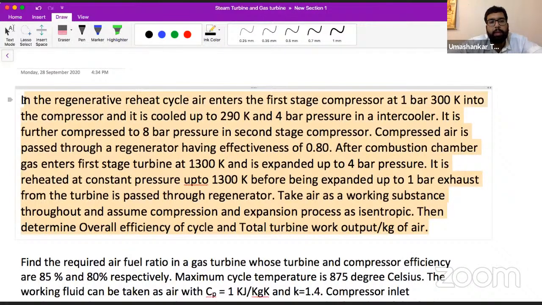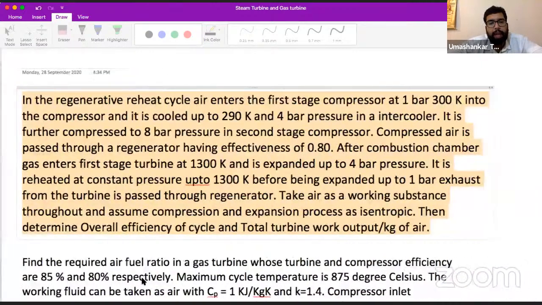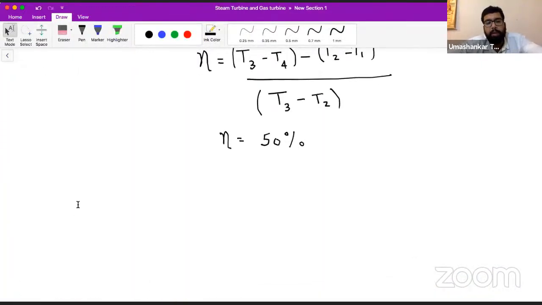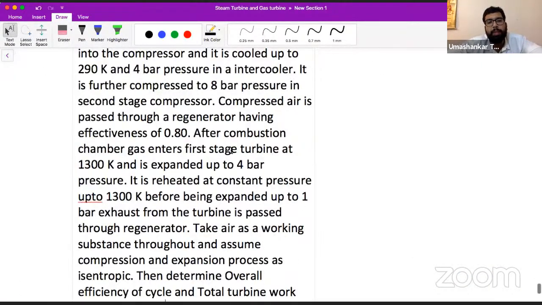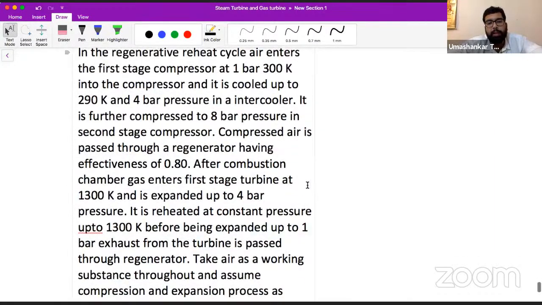Reheating we have seen today only. So now let's do one big question in which we have combined all these three cases together. With this question, we can say that our ideal gas turbine cycle or ideal Brayton cycle is completed in all respects.